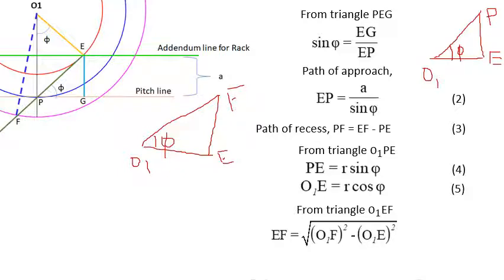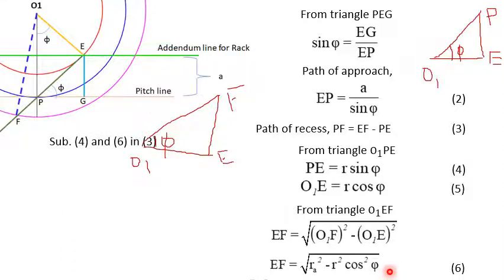So EF is equal to the root of O1F whole square minus O1E whole square. What is O1F? Here O1F is the addendum radius of the pinion. Therefore RA square minus O1E square, and considering triangle O1EP, O1E is the adjacent side, so it is r square cos square phi. Call this equation number 6.